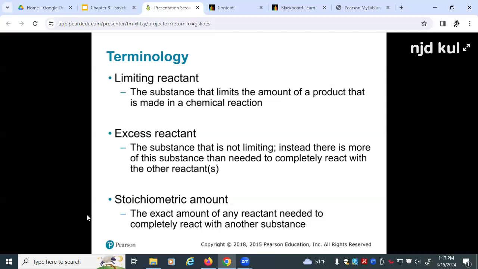Well, we've got names for those. The reactants that run out, those are our limiting reactants. If there are any reactants that we have leftovers of, like the charcoal in that particular example, we call those excess reactants.